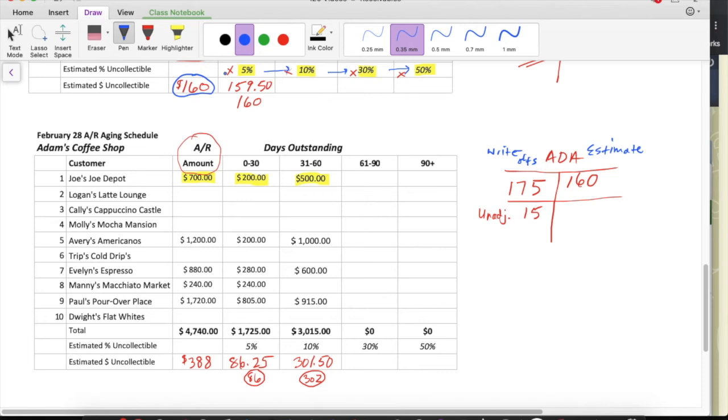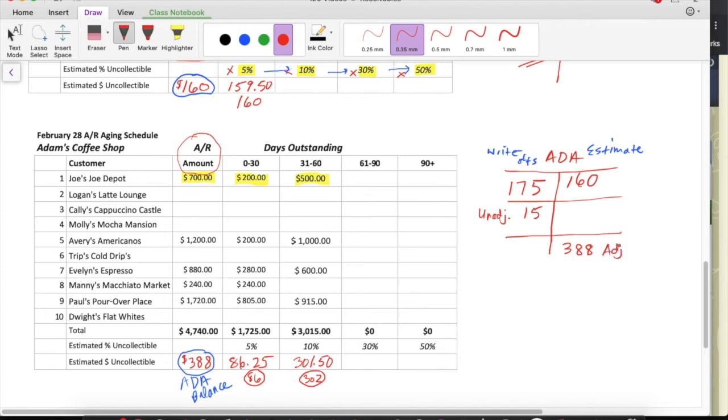So if we look at this and we say again that the amount we have here in this schedule, this amount that we calculated, that is my allowance for doubtful accounts balance. Then I am going to record a credit to this account so that I have in my allowance for doubtful accounts at the end of the period $388.